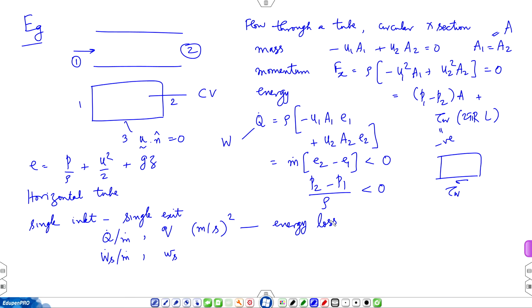Now, you can compare this P 2 minus P 1 appearing in the energy equation with P 1 minus P 2 appearing in the momentum equation. And the momentum equation tells you that the loss is because of shear stresses acting on the fluid, and these shear stresses scale with viscosity.